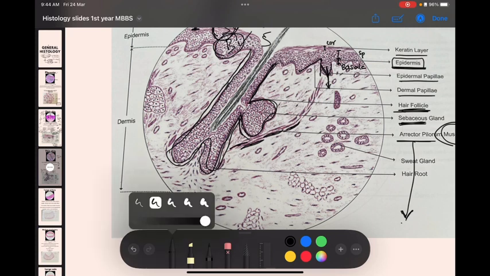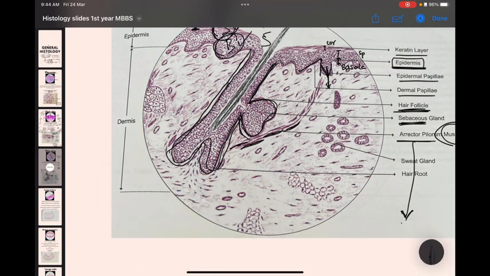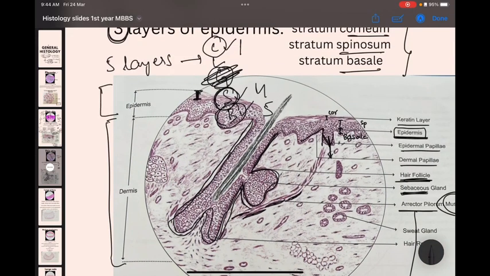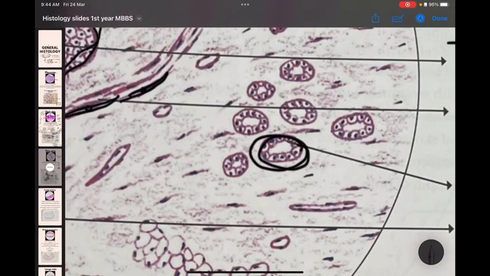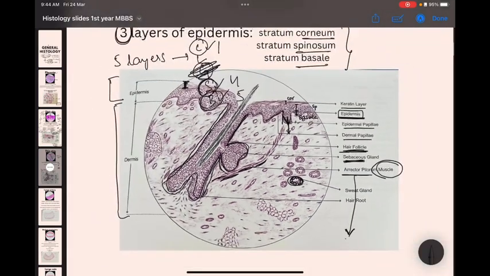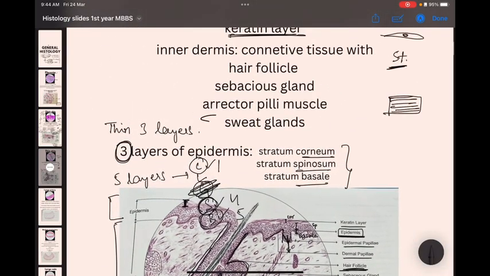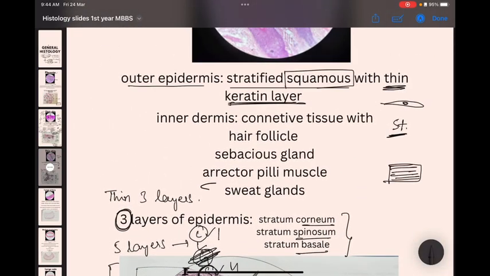Coming to the dermis now. We are completed with epidermis. Now dermis, again only sweat glands are present. See, sweat glands. Okay. Outer layer done. Stratified squamous, thin keratin layer.